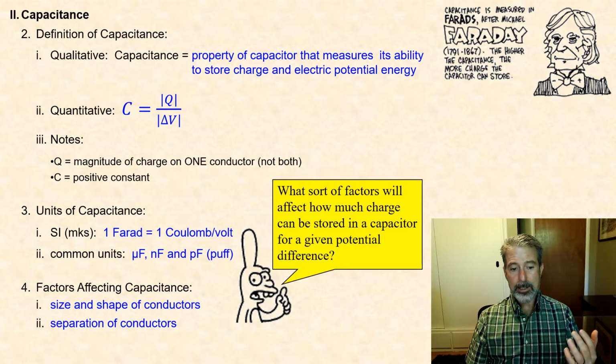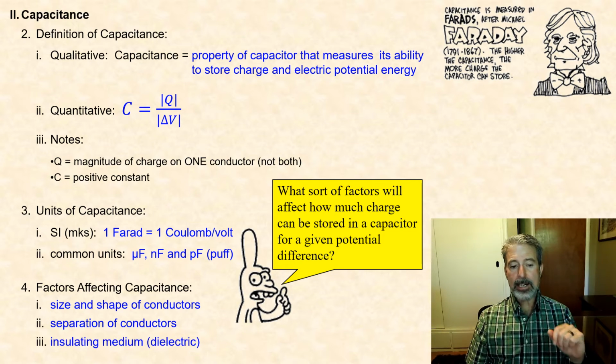The separation of the conductors, really how far apart they are from each other, will have an effect, as well as the insulating medium, what we call the dielectric, that insulator between the two conductors, which will also play a role in how much charge and electric potential energy they can store.